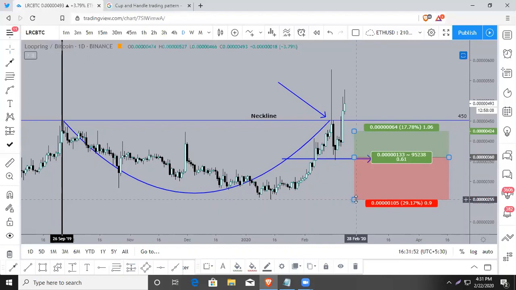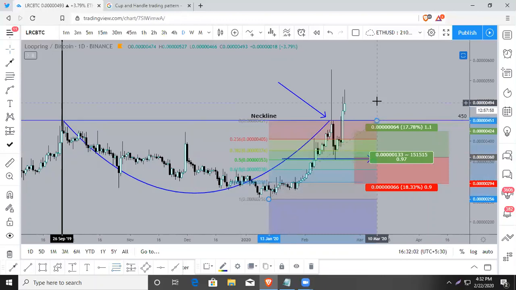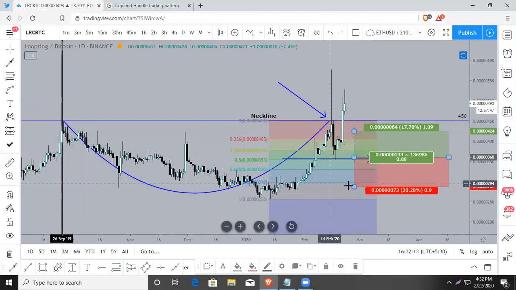However, I personally use it below 80% when I use Fibonacci from this place to this level. And I know if it is a handle formation, the price should not drop below 50%. A wick can come up to 61% or even 78%. So I usually keep my stop loss below 80%. I will keep my stop loss here.